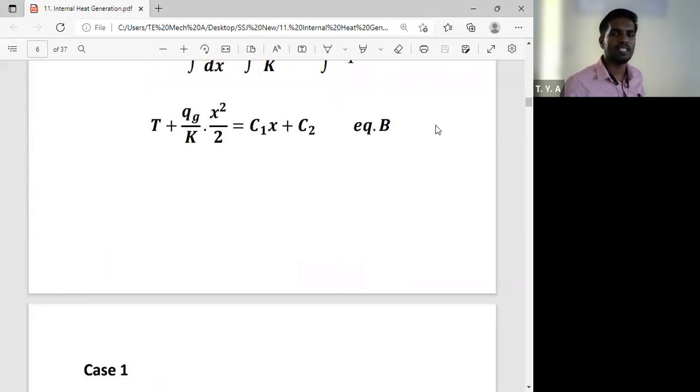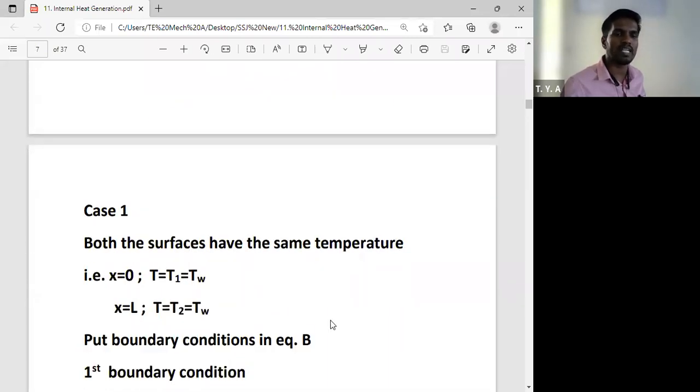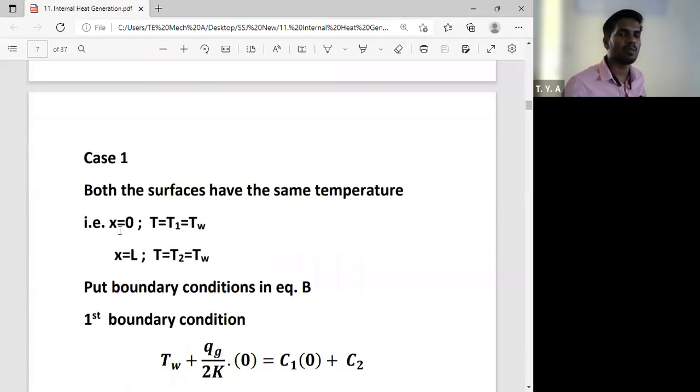This is equation B. In this equation we have to put these two boundary conditions. The first boundary condition is at x is equal to 0, T is equal to TW, and at x is equal to L, T is equal to T2 or TW.